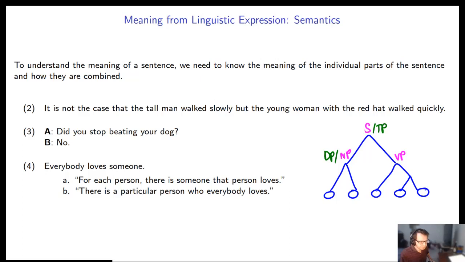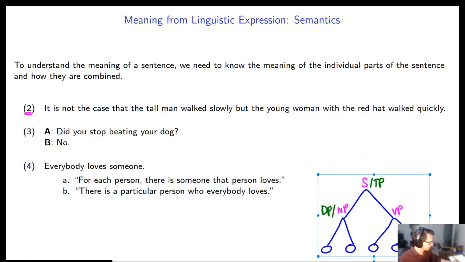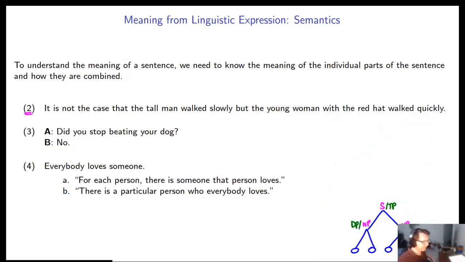So we can take a look at these different types of sentences and we can ask ourselves, well, what do these sentences mean? So 2 is kind of a complicated sentence, and we can ask ourselves what this sentence means. It is not the case that the tall man walked slowly, but the young woman with the red hat walked quickly.